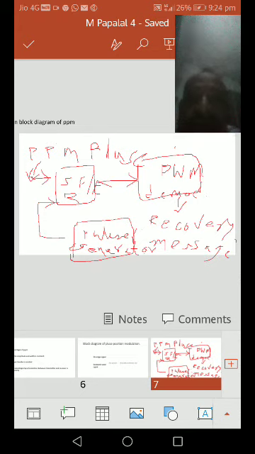The output continues sequentially, and pulse width demodulation recovers the original signal. This is the basic explanation of pulse position modulation.